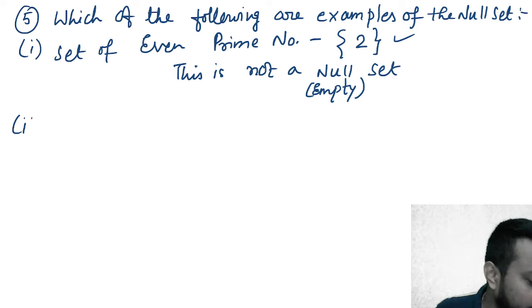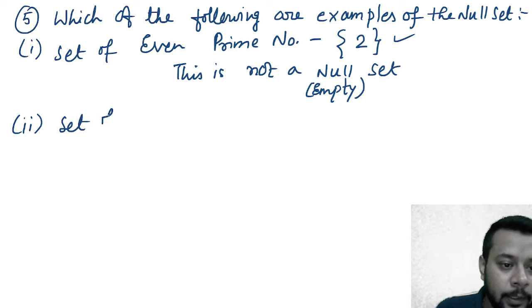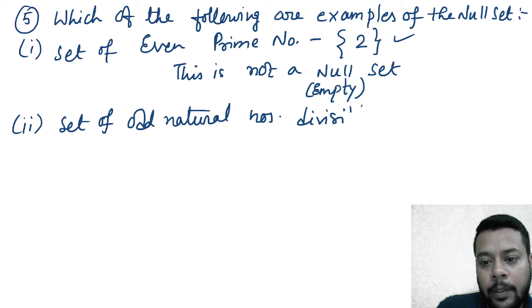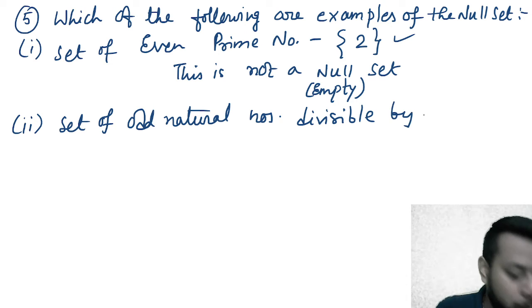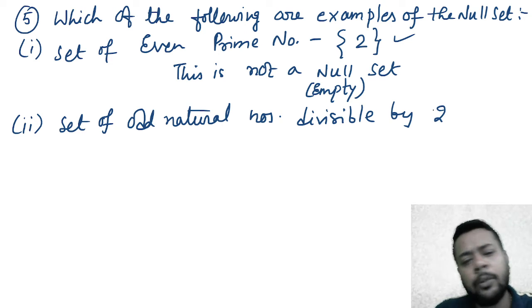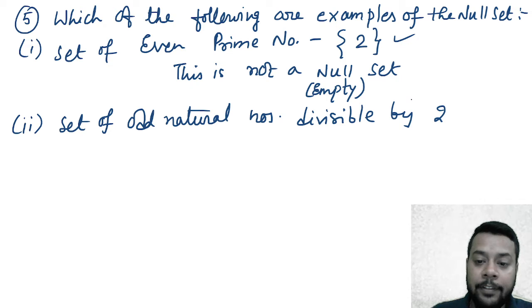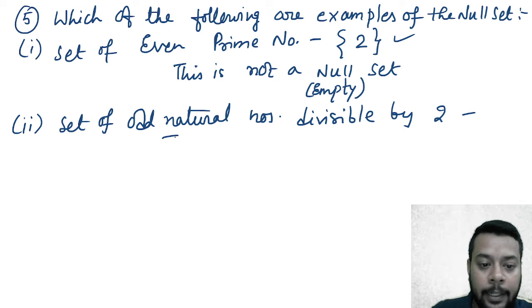If I talk about number 2, set of odd natural numbers divisible by 2. So let me know, is any odd number divisible by 2? No. Is any odd number divisible by 2? No. So that is why this will be an empty set.